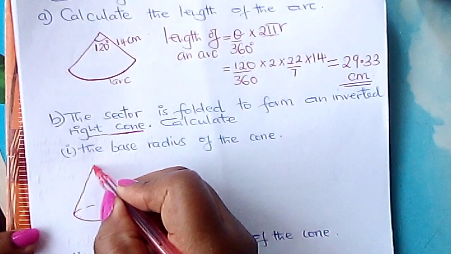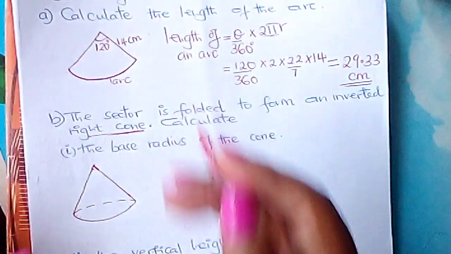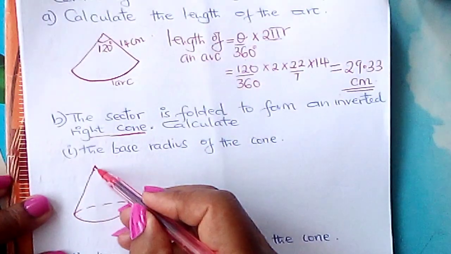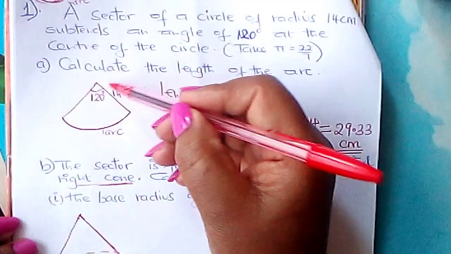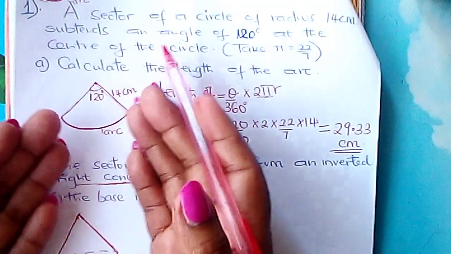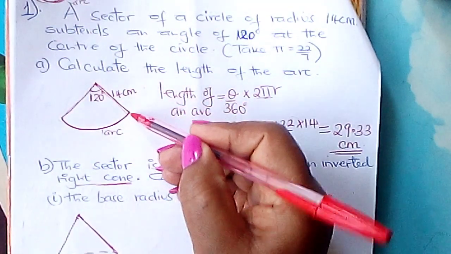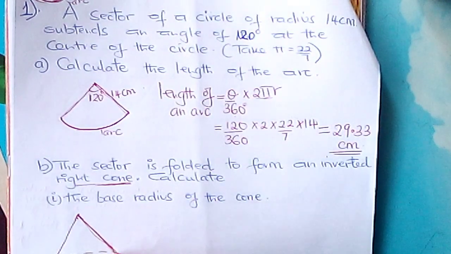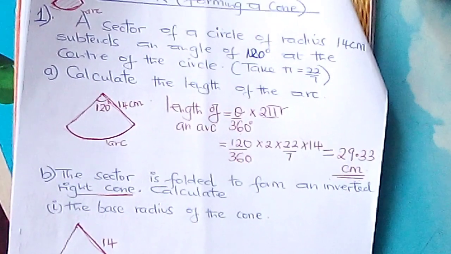So learner, if this is our cone that has been formed from this sector by folding it, then what is this? This refers to the radius. This is the radius and this is another radius. So if you folded, then this would form the slant height of our cone, 14 centimeters, learner.